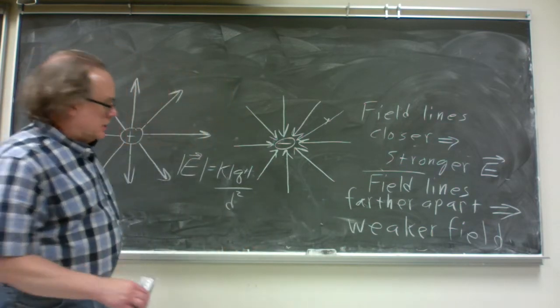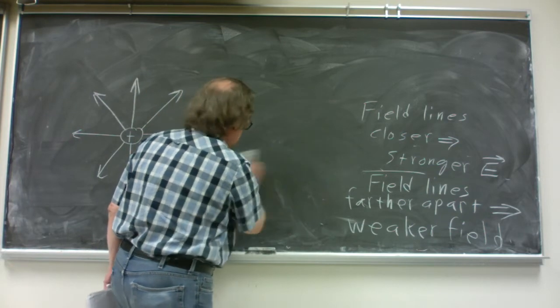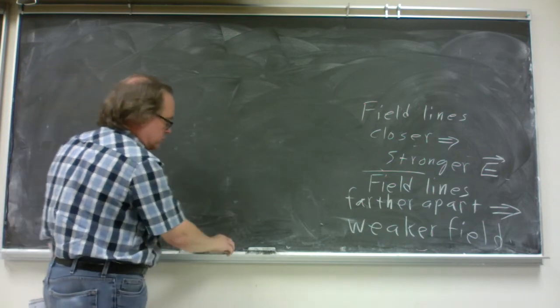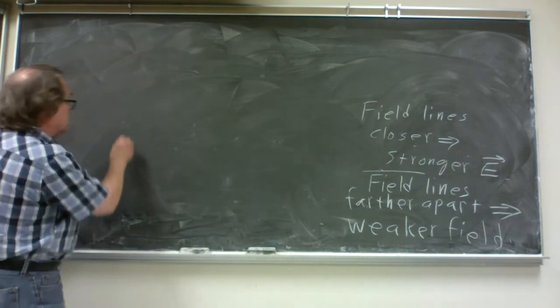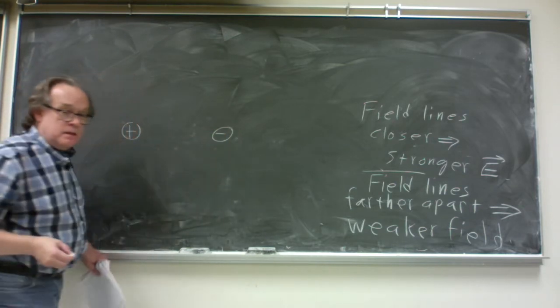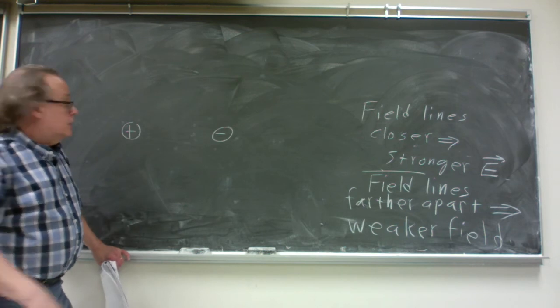Okay, this was just a simple example with straight field lines, but this rule applies again even if you've got curved field lines. For example, if you've got two charges here, the field lines would look something like this.